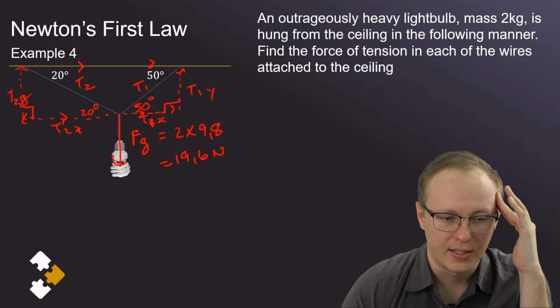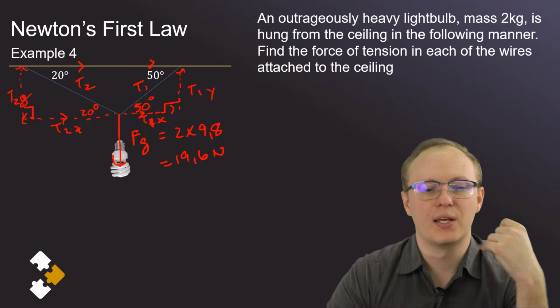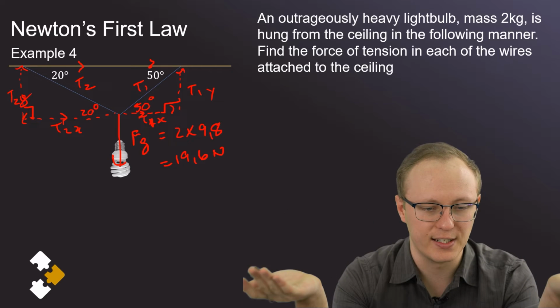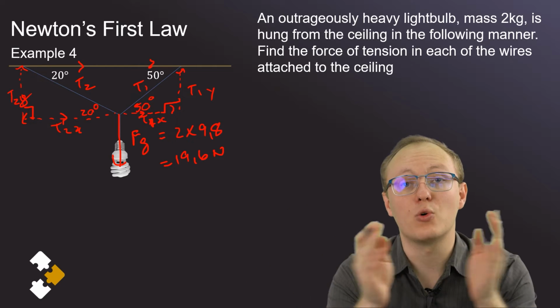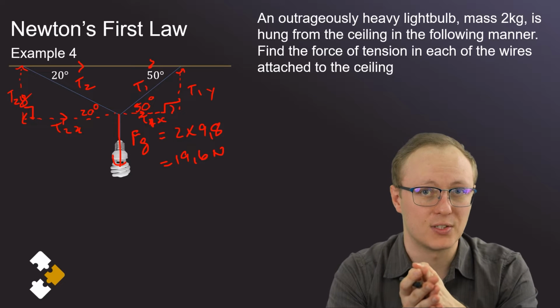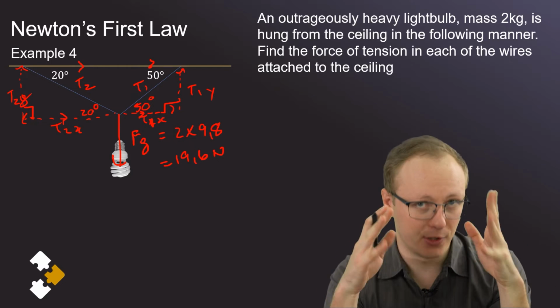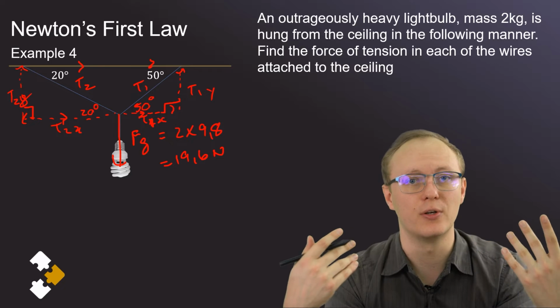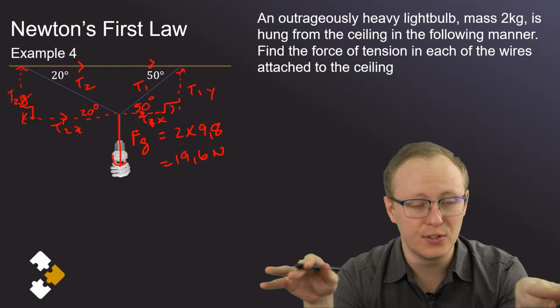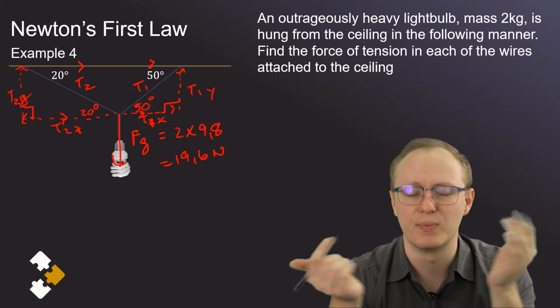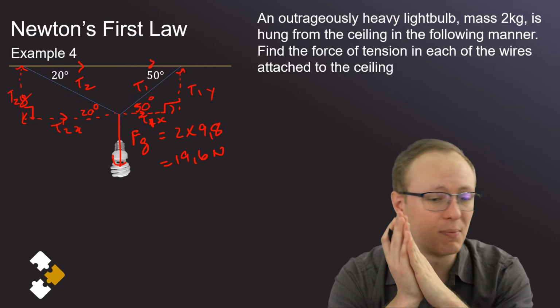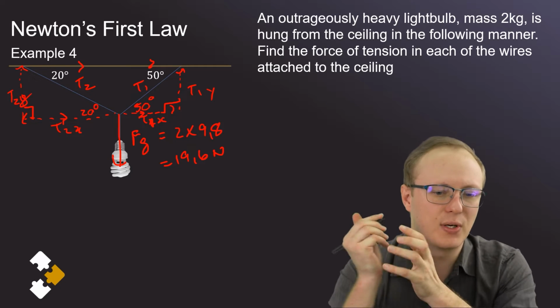Now, because Newton's first law is in effect, I know that all of the forces have to be balanced. So the net force in the vertical direction must be 0, and the net force in the horizontal direction must be 0, because the light bulb's not moving. Forces have to be balanced, Newton's first law. So what does that mean?